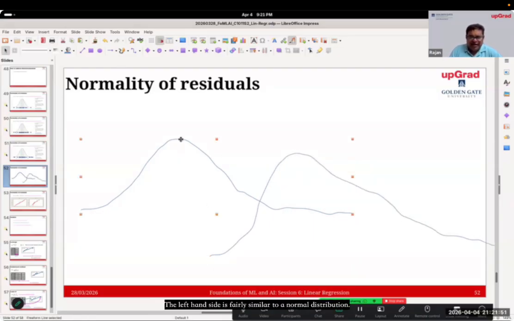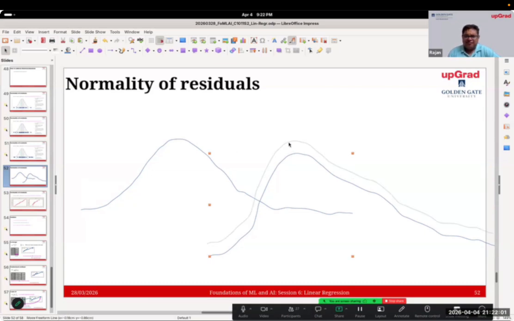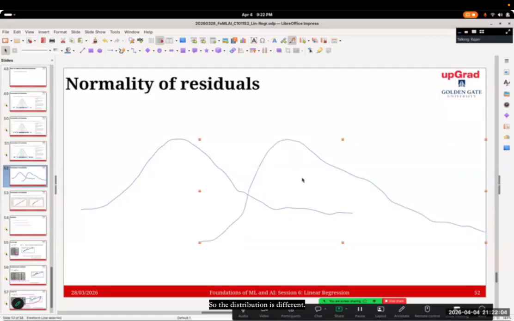The left hand side is fairly similar to a normal distribution. The right hand side is what we call a skewed normal distribution. So the distribution is different.